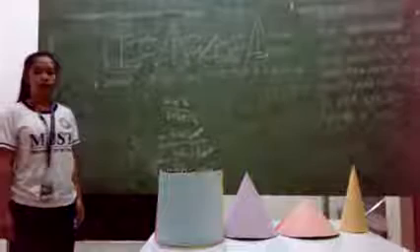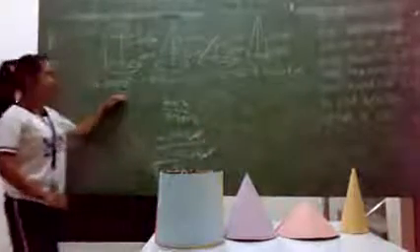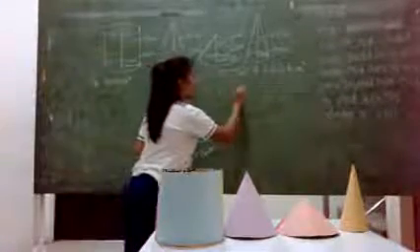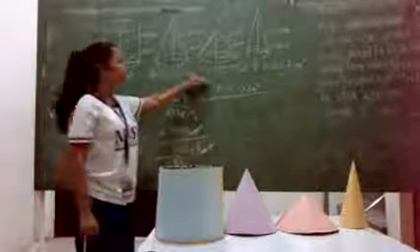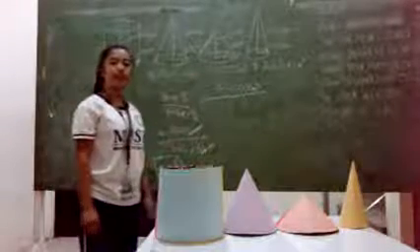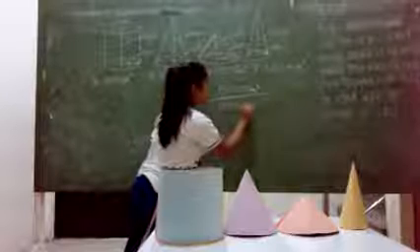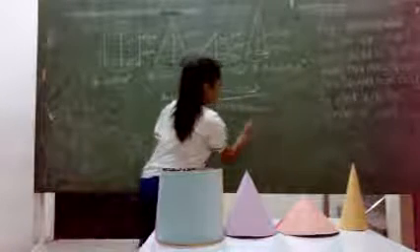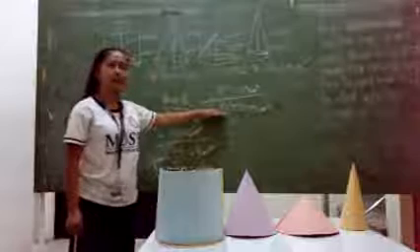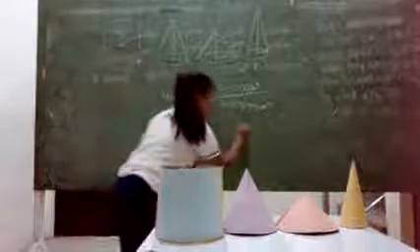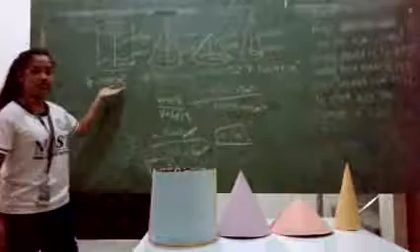So let's go to the next cone. The process is the same. The volume of the cylinder, 2000, over the volume of the second cone, which is 333.33 centimeter cube. 2000 divided by 333.33 is equal to 6. This cone will be poured 6 times to fill this cylinder.